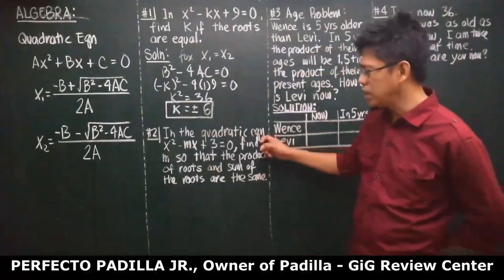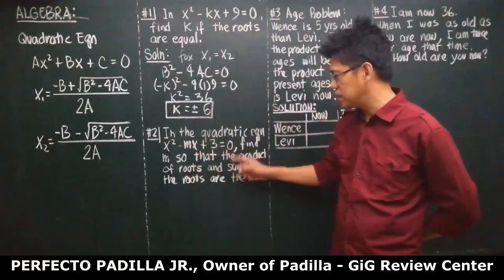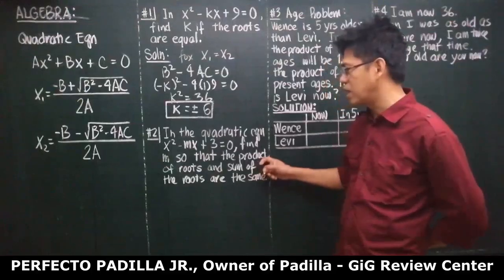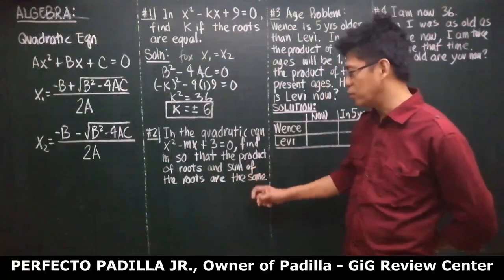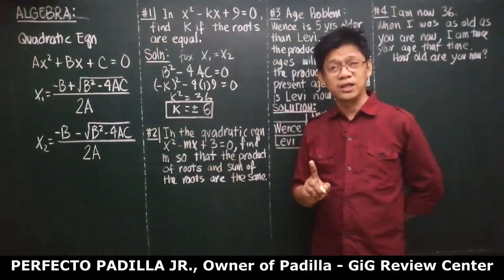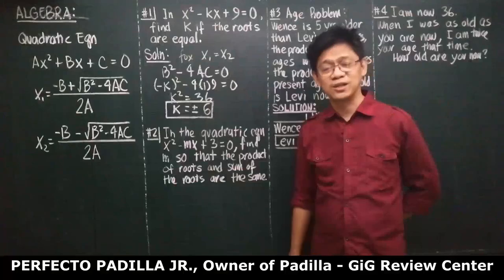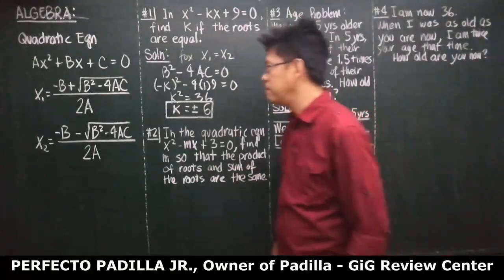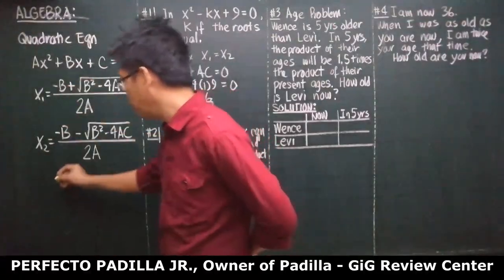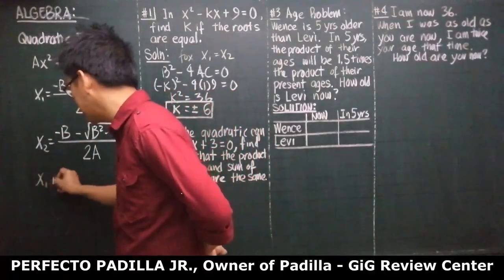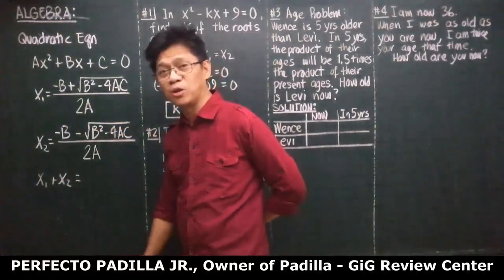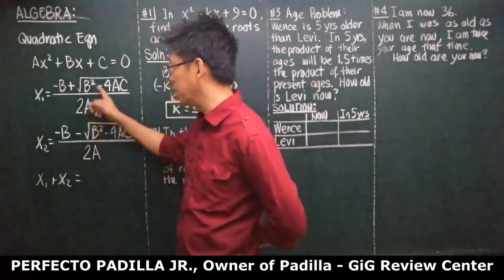In the quadratic equation, x squared minus mx plus 3 is equal to 0, we're asked here to find m so that the product of roots and sum of roots are equal. x1 times x2 equals x1 plus x2. Now, take note here that the product and sum of roots, if we will add these two, we'll have x1 plus x2 will be, the denominators are the same, so we can simply add their numerators.